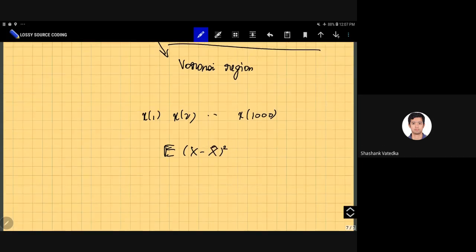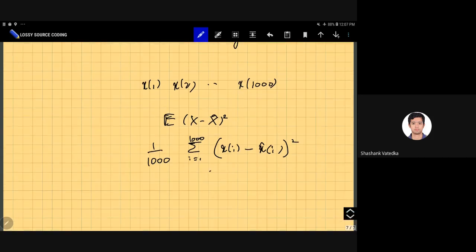But what I want you to report is the following: 1 by 1000 of summation i going from 1 through 1000 of x of i minus x hat of i, the whole square. This is the empirical MSE that you get through observations, and this is what I want you to report.